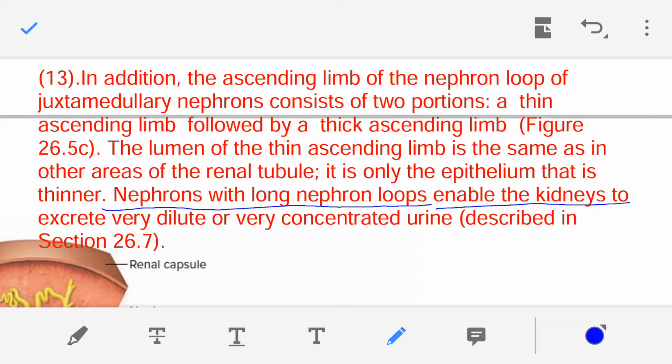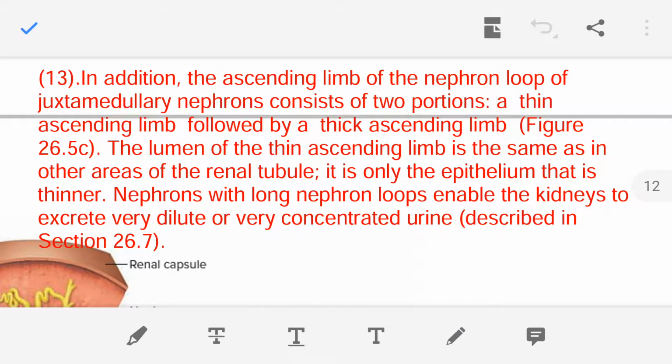So the nephrons with the long nephron loop enable the kidney to excrete very dilute or very concentrated urine. So with the help of nephrons which have long nephron loops, the kidney is able to produce very dilute urine, or very concentrated urine, okay.